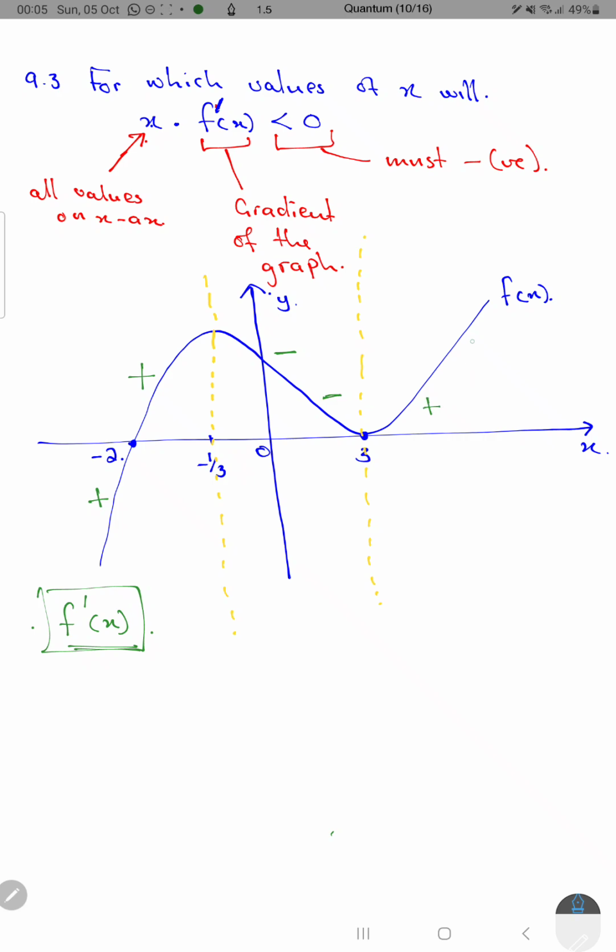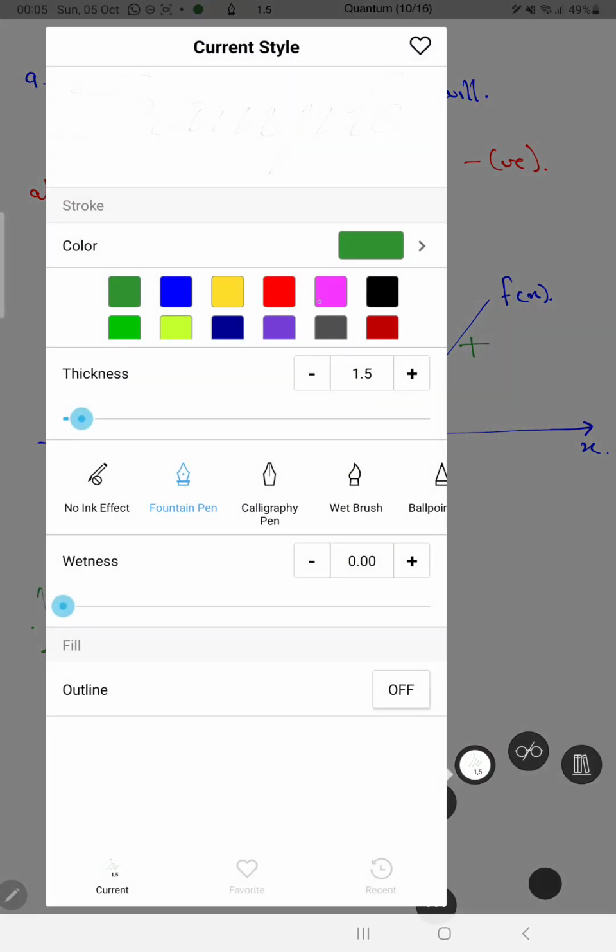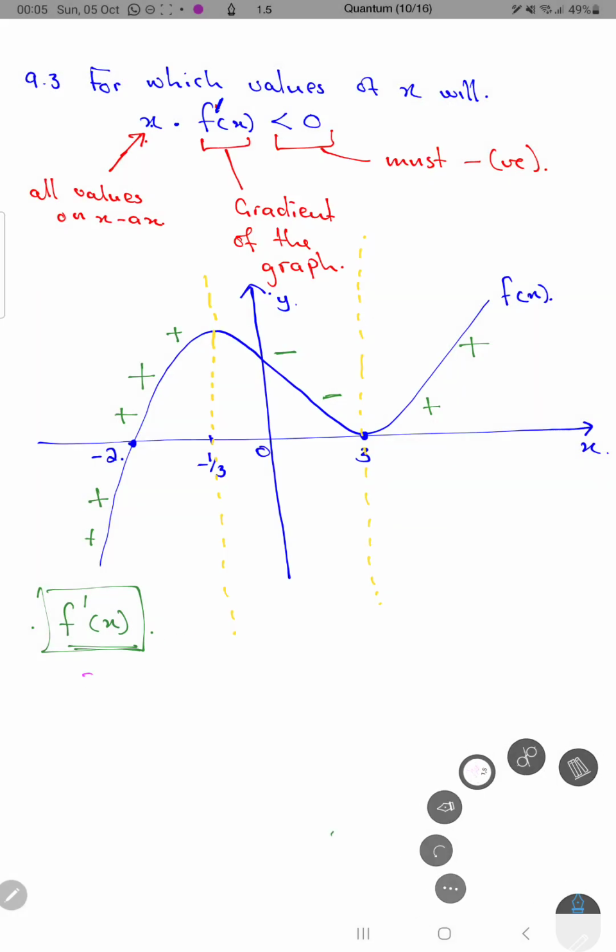Now let's look at our x values. Let's use pink to show the x values: negative values for x here, and positive values here.